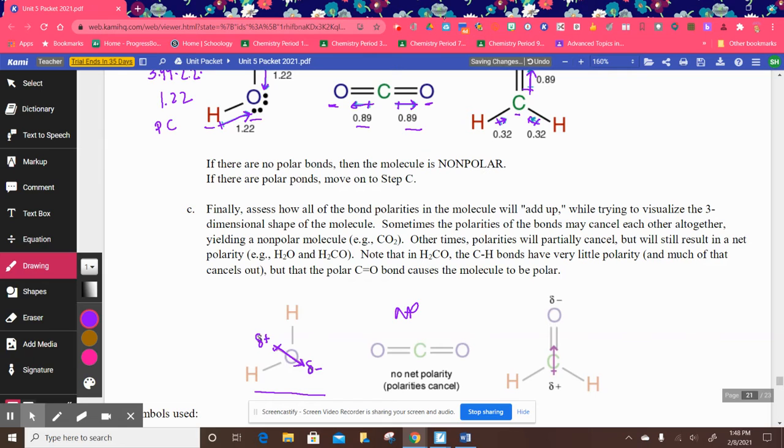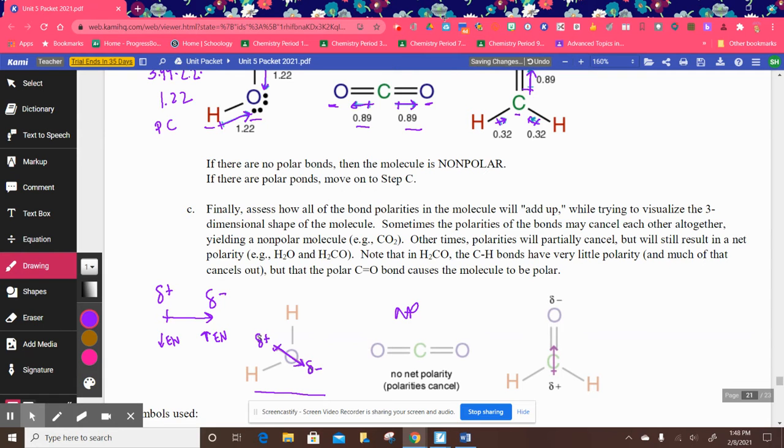So these polarity vectors go from the lower electronegative atoms toward the higher electronegative atoms. And then the partial positive will be toward the lower electronegative side, and the partial negative is toward the higher.